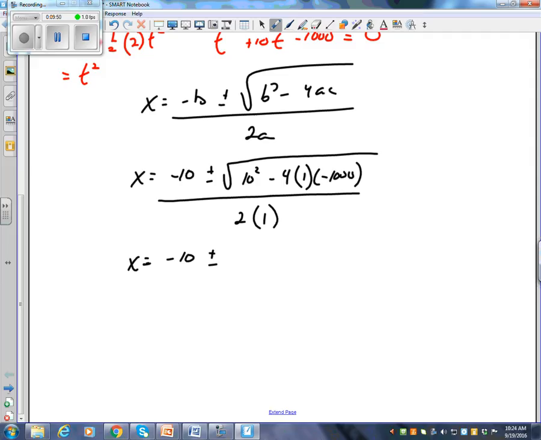Okay, so I got 10 squared is 100. I got minus 4 times 1, which is minus 4, times minus 1,000, is actually plus 4,000, and it's all over 2. And so you get x equals minus 10 plus or minus the square root of 100 plus 4,000, which is 4,100. We're going to square root that.